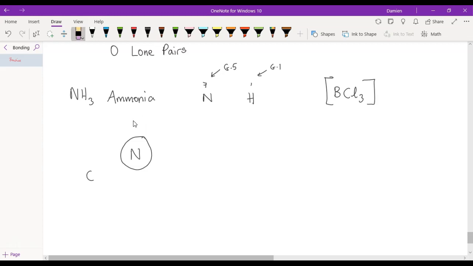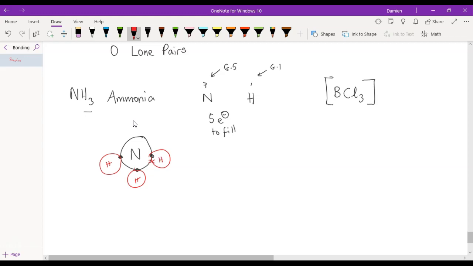So when we're drawing this out, we have to bear in mind the fact that nitrogen has got 5 electrons to fill in on the outer shell, and we only have 3 hydrogens that are bonding to it. So what we end up with is 3 hydrogens surrounding this. So we get a hydrogen here, we get a hydrogen here, and we get another hydrogen here.